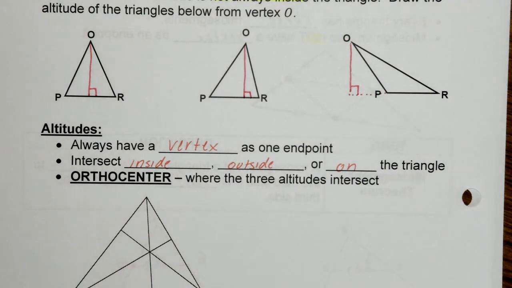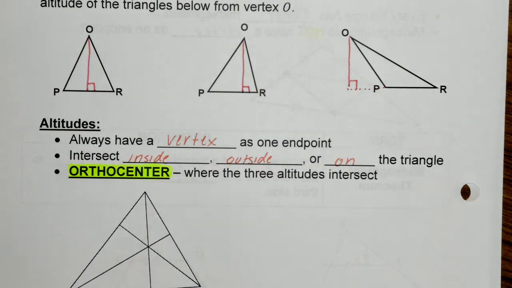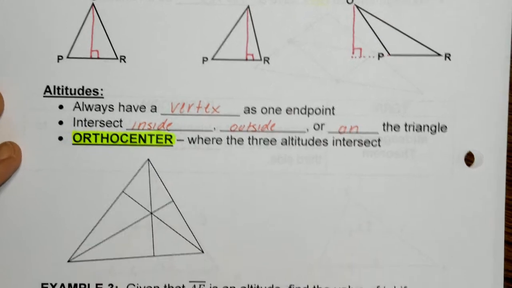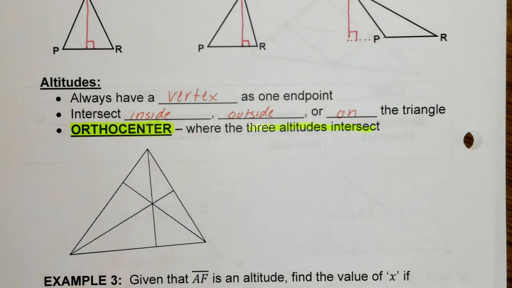And this intersection where the 3 altitudes are going to intersect is what you call the orthocenter. The orthocenter you're going to need to know. This is going to be a point of concurrency, which means it's just going to be that point where all 3 of them are going to intersect.